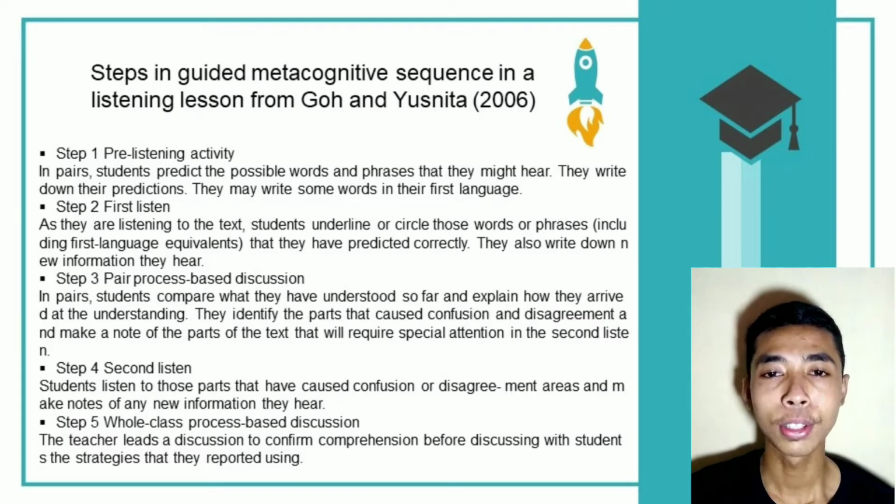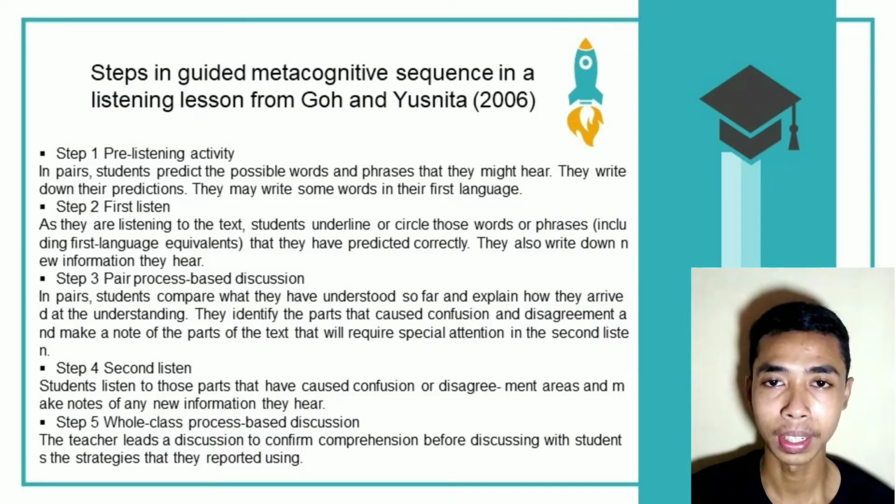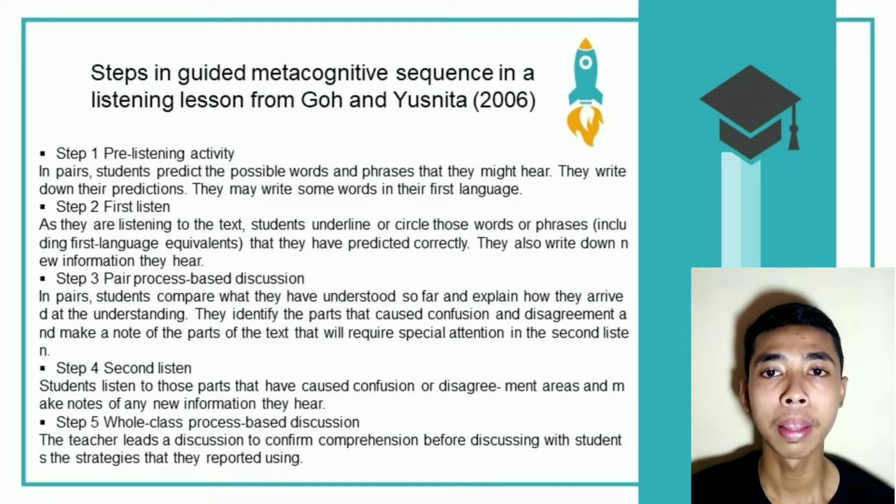In the next step, the students will collaborate with peer students. The group includes two persons and they will discuss the listening result. They will share the difficult words that they know. Then they will make a note of special words and search for the meaning in the second listening session.